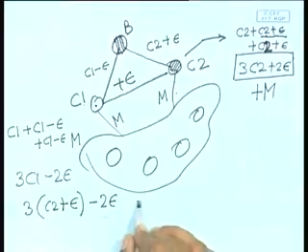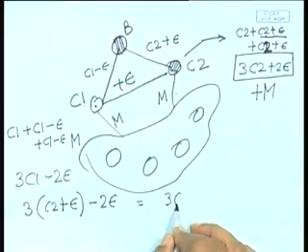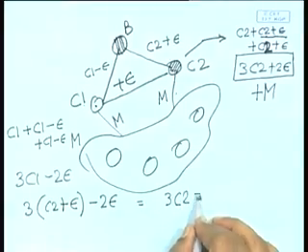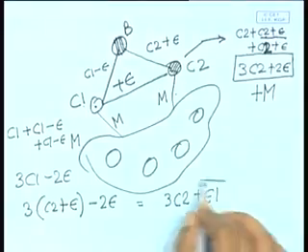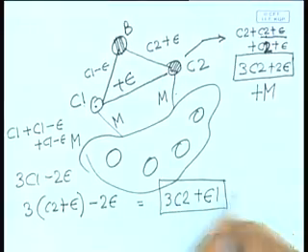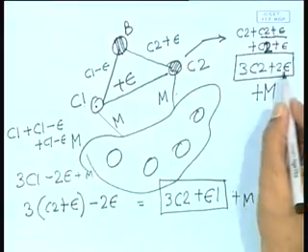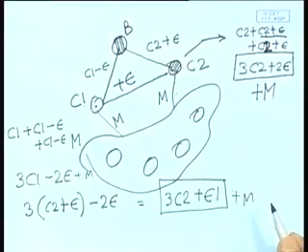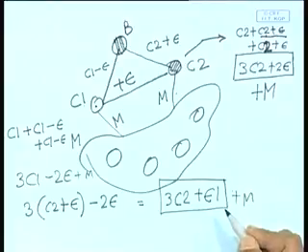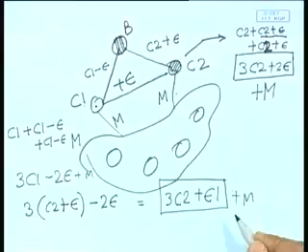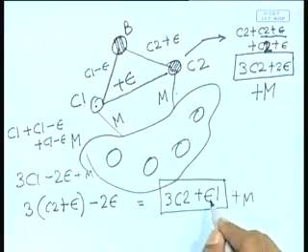So, this becomes 3 C2 plus epsilon plus m of course, and this becomes 3 C2 plus 2 epsilon plus m. So, they differ by 3 epsilon, just do the calculation. Only 1 epsilon. We are getting only 1 epsilon.